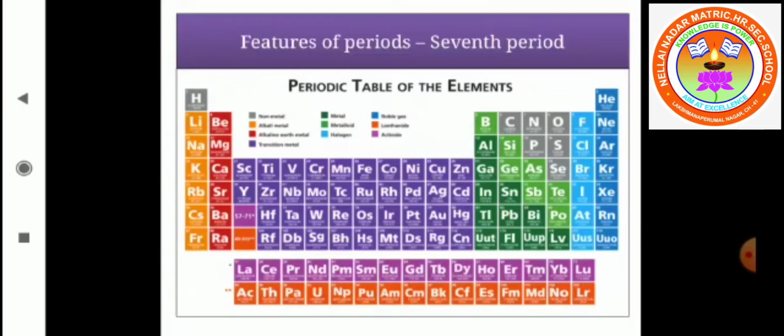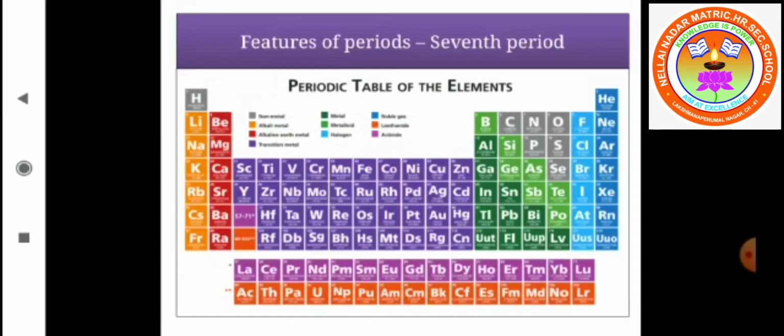Then come to the second row at the bottom of the modern periodic table: actinium, thorium, protactinium, uranium, neptunium, plutonium, americium, curium, berkelium, californium, einsteinium, fermium, mendelevium, nobelium, Nobel being the name of the scientist, and lawrencium.